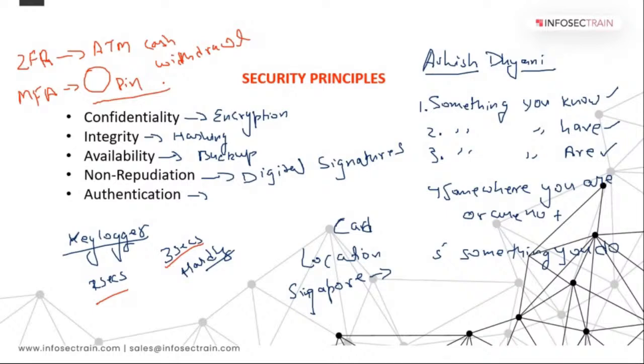Two-factor authentication is also inside multi-factor authentication, because multi-factor means more than one factor. So even if you are using two-factor authentication, that is also multi-factor authentication. Clear, everyone? Any doubts? Any queries? Okay.